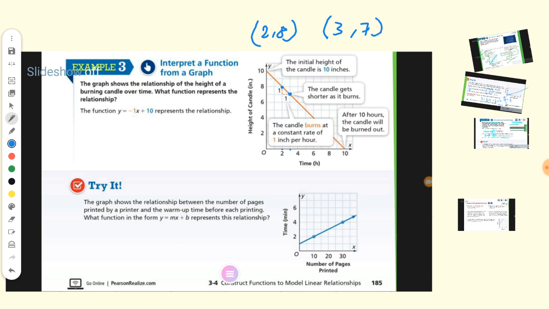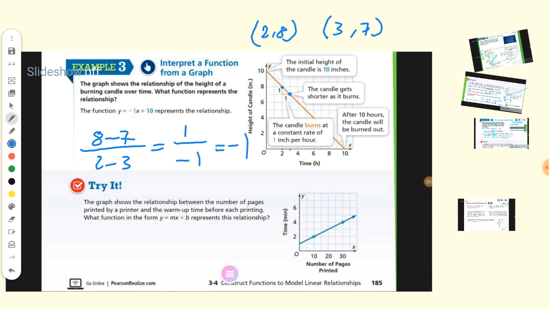How to find the slope? Easy, actually. Slope equals y2 minus y1, so it's 8 minus 7 over 2 minus 3 equals 1 over negative 1, equal negative 1.